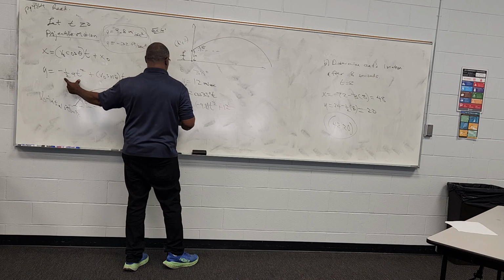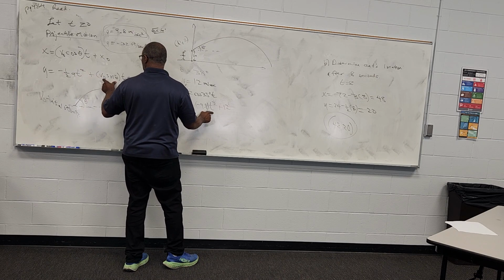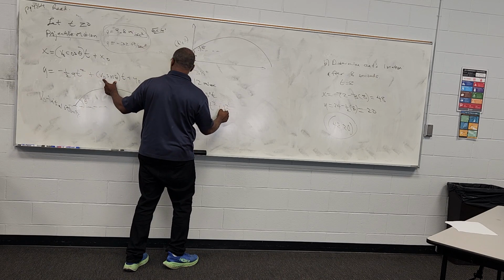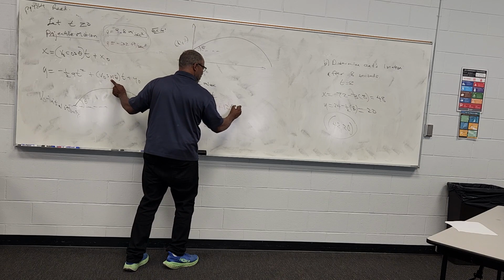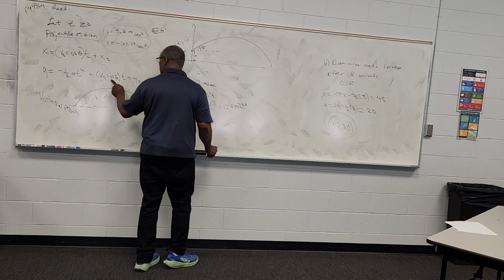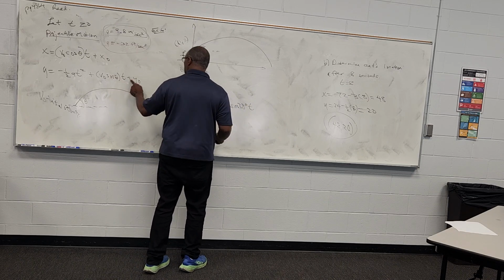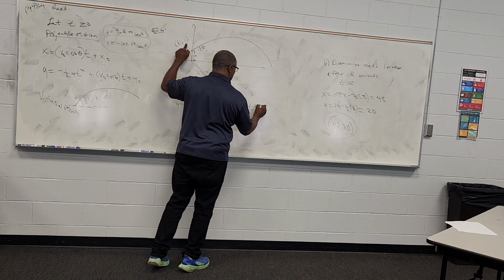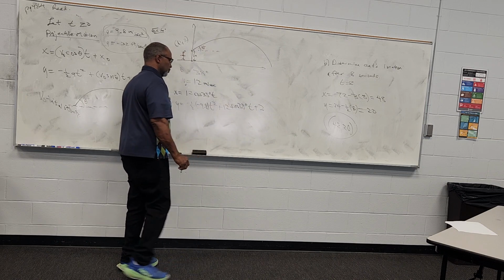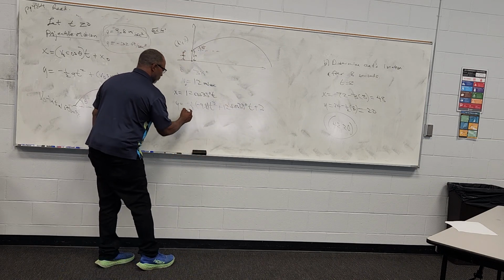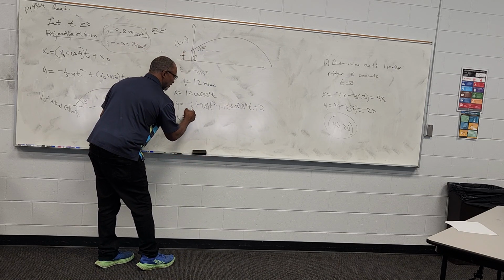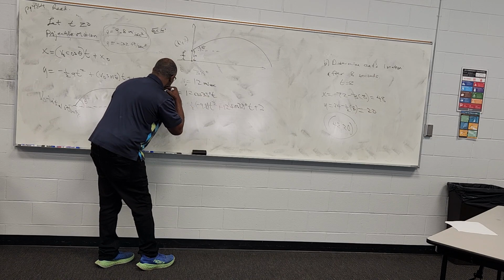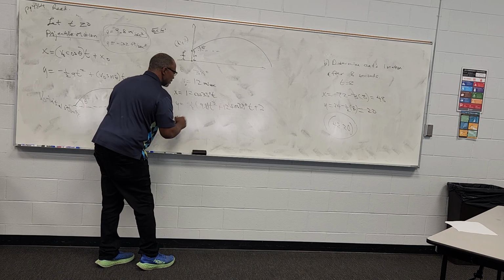Now for y: negative 1/2 g t squared plus v0, the initial velocity, which was 12, sine of theta, so sine of 38 degrees, t, plus y0, the initial y coordinate, which is 2. So we can simplify this into y equals negative 1/2 times negative 9.8.